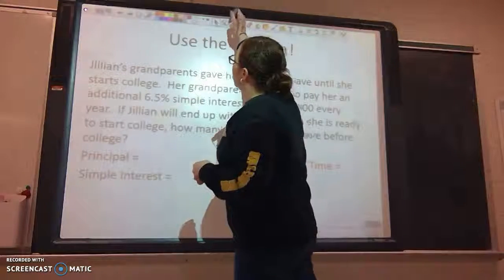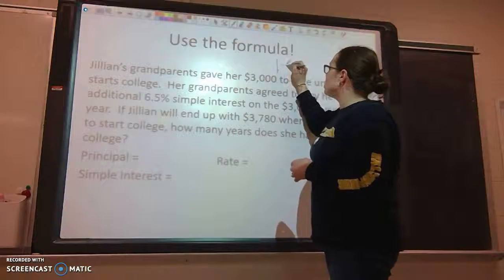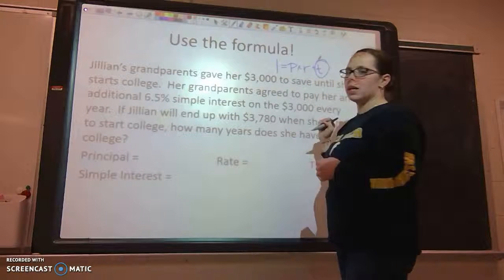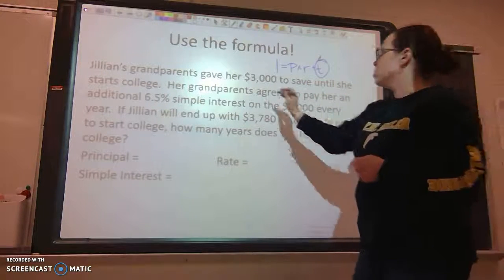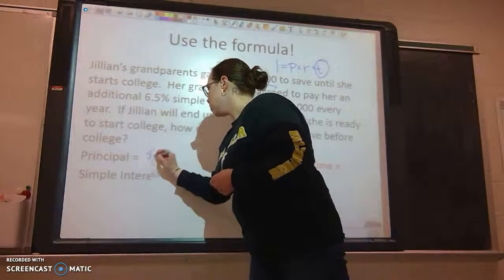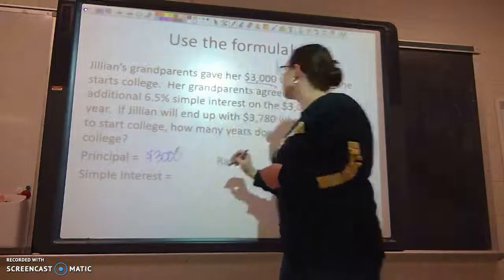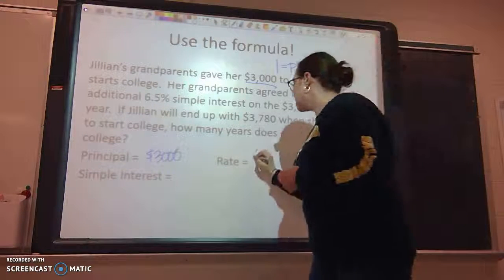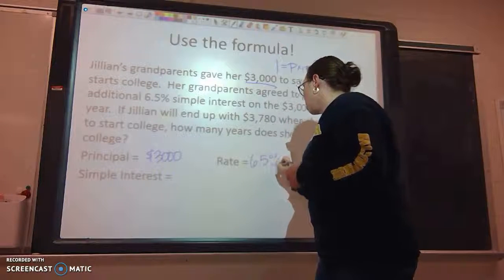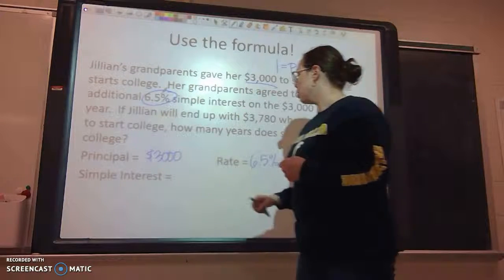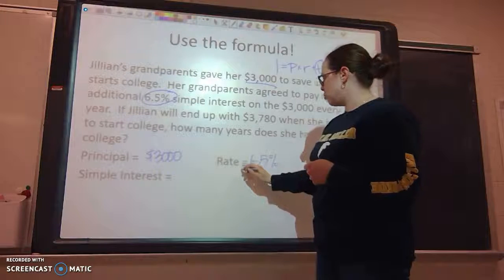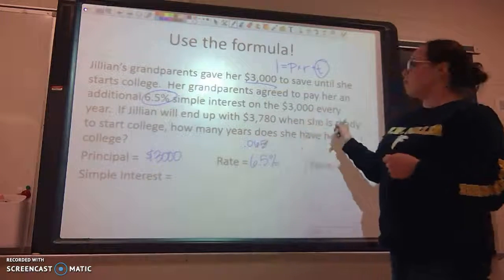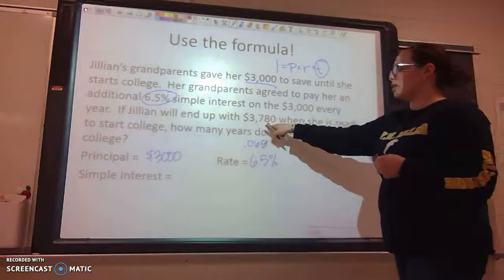So again, we're building upon our formula of interest equals principal times rate times time, and time is the element that we're looking for this time. So they gave her $3,000. Let's fill it in, 3,000. Her grandparents agreed to pay her an additional 6.5% every year, so I move my decimal, and it's 0.065.